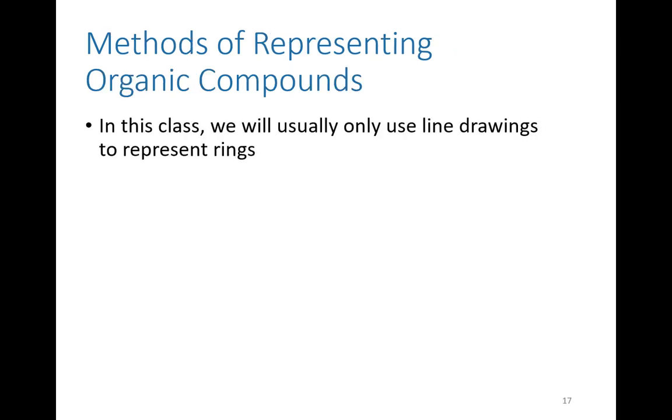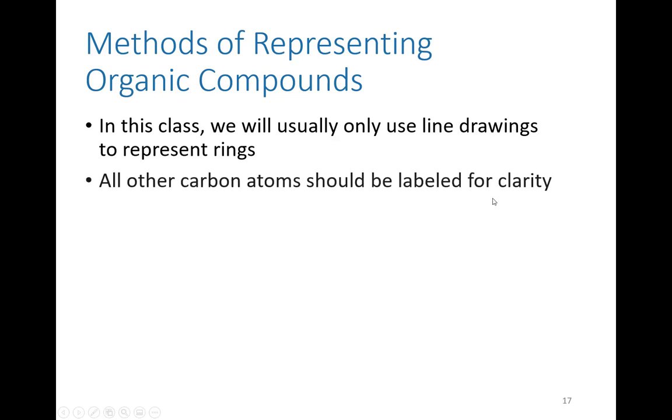Now, we're going to limit our use of skeletal structures somewhat in this class. Line drawings is another term for skeletal structures, and that's what I have written right there. So what I'm going to do is I'm going to use line drawings to only represent rings most of the time. And all of the other carbon atoms which are attached to those rings or not involved in rings, I will generally show as written out.